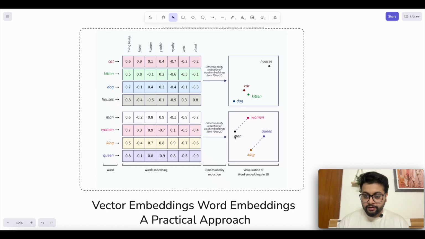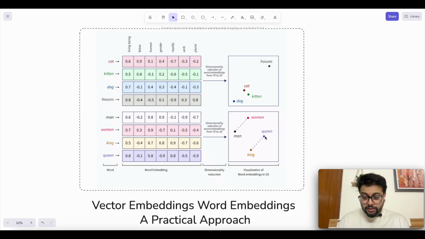The way man is related to woman is similar to how king is related to queen, and that is why the distance between man and women in the higher dimensional space is equivalent to the distance between the king and the queen in the same higher dimensional space. This is what we are trying to showcase here.